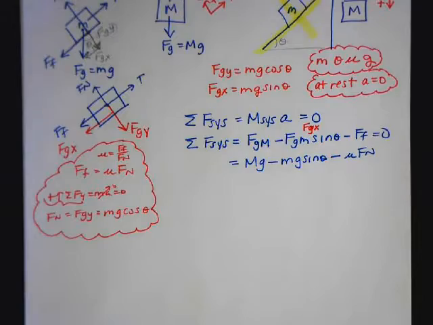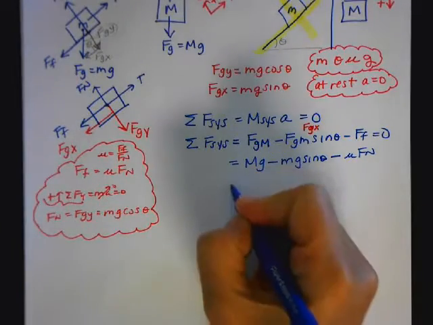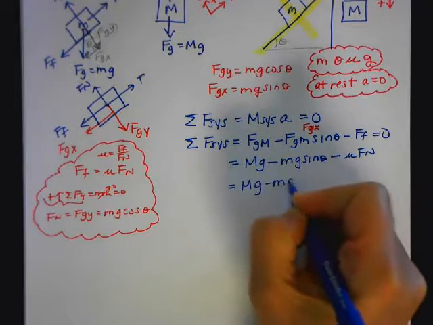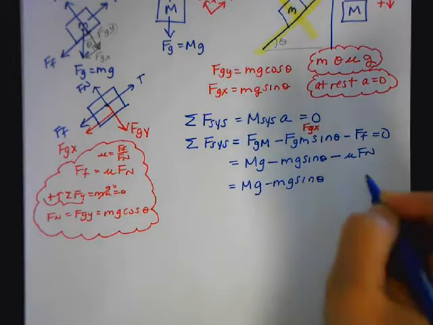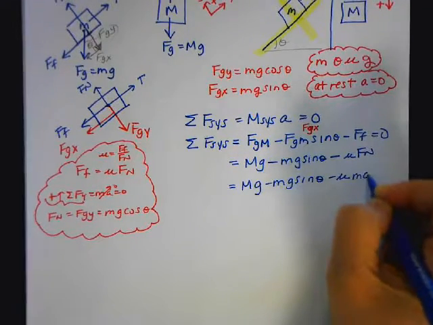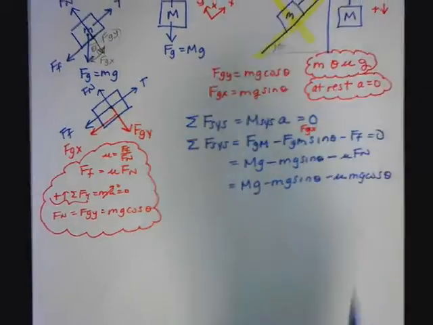All right, so now I'm going to substitute that in here. So this is equal to mg minus mg sine of theta minus mu times mg cosine theta.